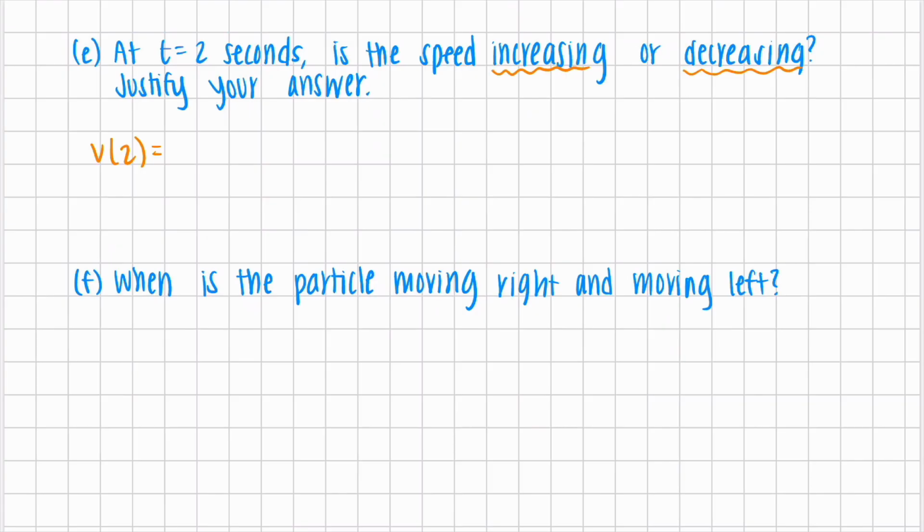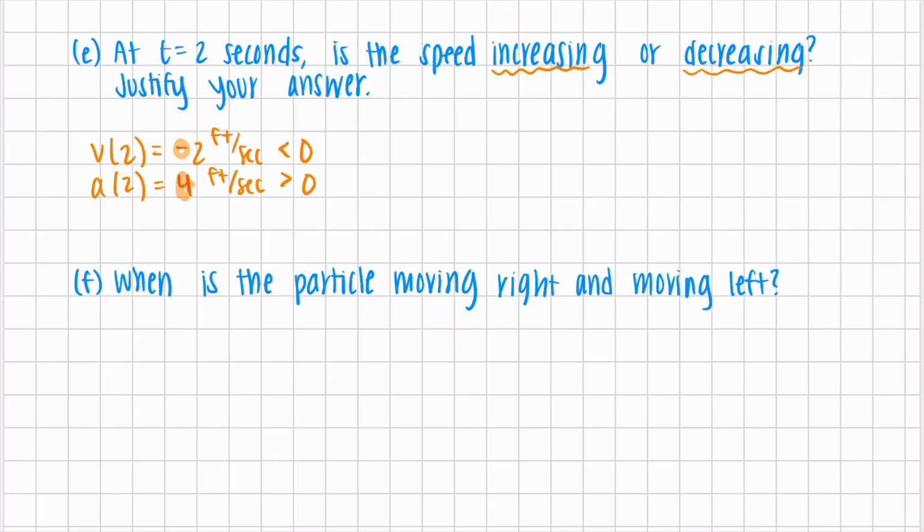V of 2 we found was negative 2 feet per second. Notice that's less than 0. A of 2 we found to be 4 feet per second squared. And notice that's greater than 0. So since these have different signs, that means that the speed of our particle is decreasing.